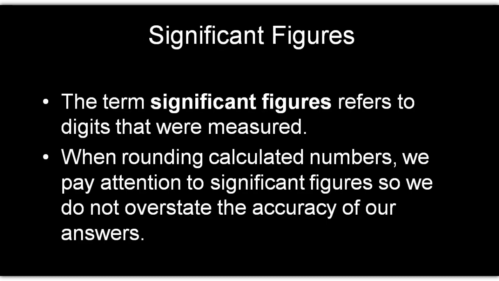Sig figs. Be honest, I'm not a huge stickler on sig figs, but it is important. It doesn't have a huge impact on the AP exam, but if I give you a couple of numbers to measure out, you should not give me an answer like 0.012782381 because you set your calculator to give me all those numbers.